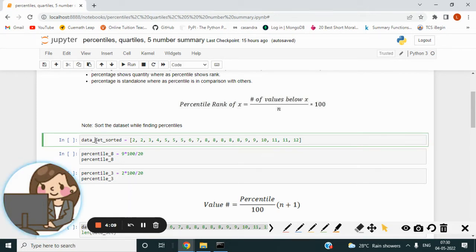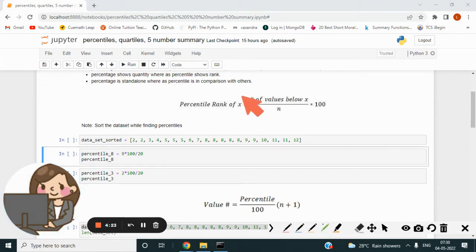Now this is a data set that I have, which is already sorted. I need to find the percentile of 8 over here. To do that, I need to find the number of values below 8.